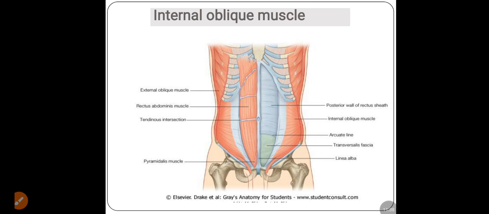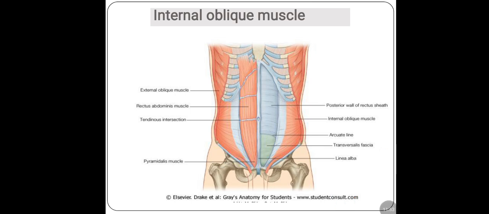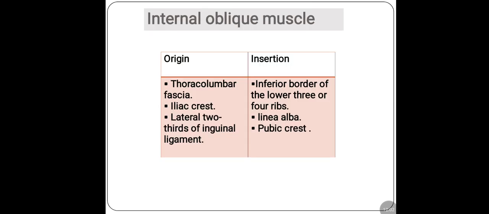Now we finished the external oblique. Let's move to the internal oblique. The internal oblique, the fibers run upward, forward, and medially. This muscle originates from inguinal ligament, from the iliac crest, from the lumbar fascia, and is inserted into the last 3 ribs.